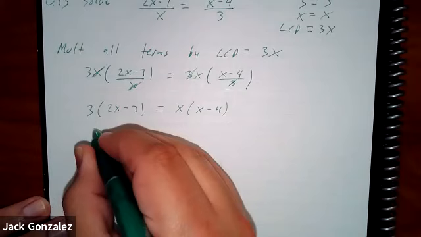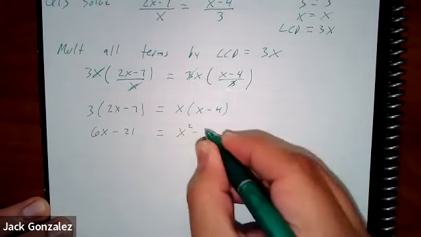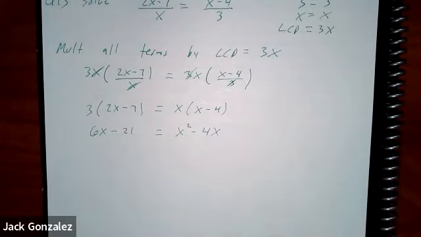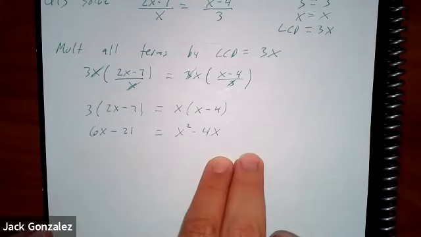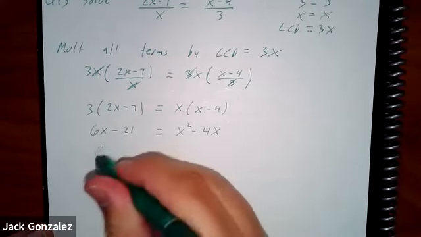Distribute gets you to 6x minus 21, x squared minus 4x. Set it to 0. So move all these over here. Let me show the work.